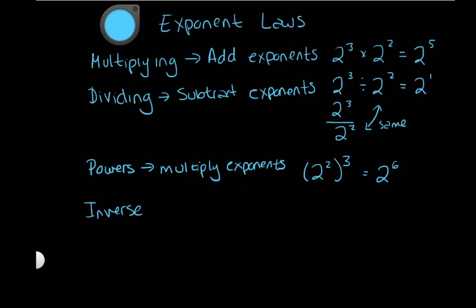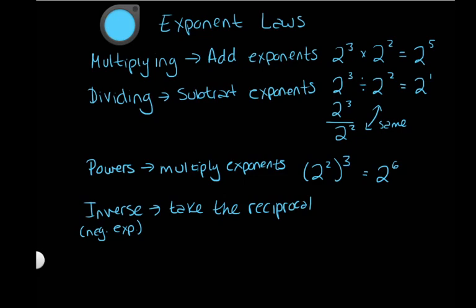Inverse is really a negative exponent. When we have a negative exponent, we're going to take the reciprocal. Remember that when we did slope, we had negative reciprocal slopes, and we took the opposite, like we flipped it.